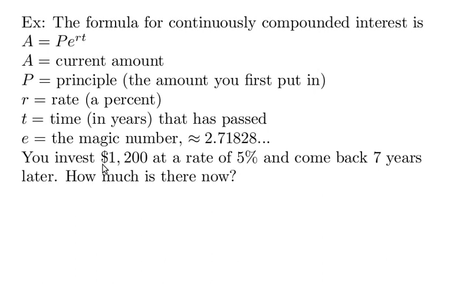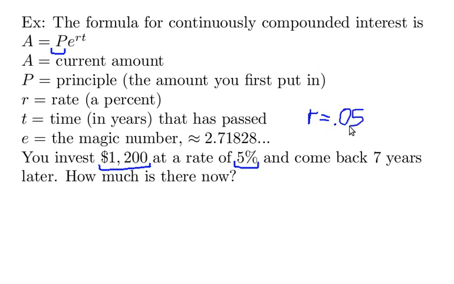So you invest $1,200, and remember that's the principal, the amount you first put in. So this $1,200 is going to be the principal at a rate of 5%. So that means R is going to be equal to 0.05.